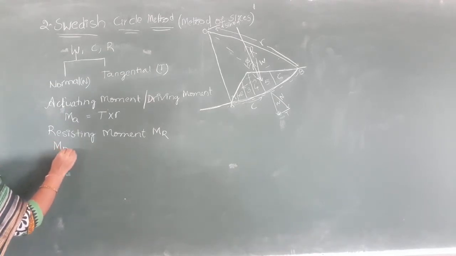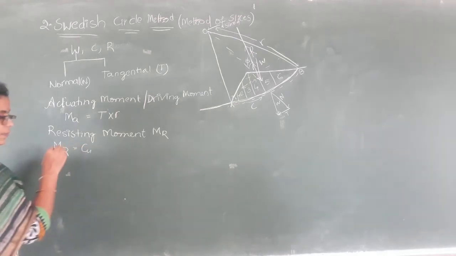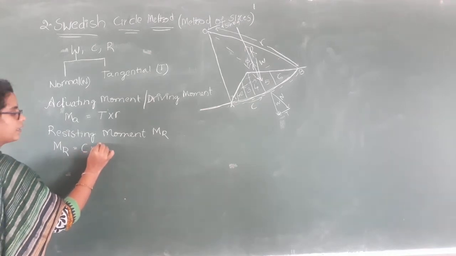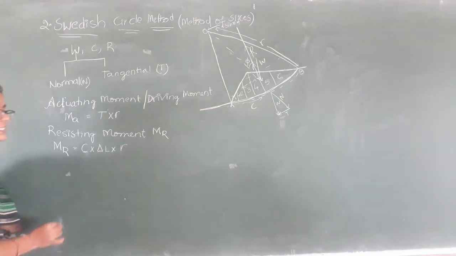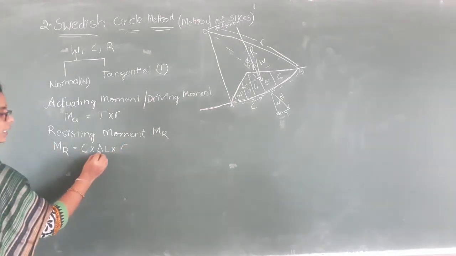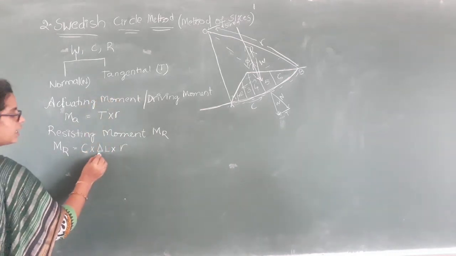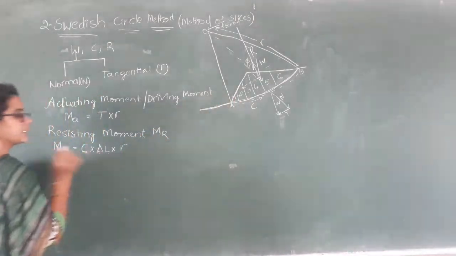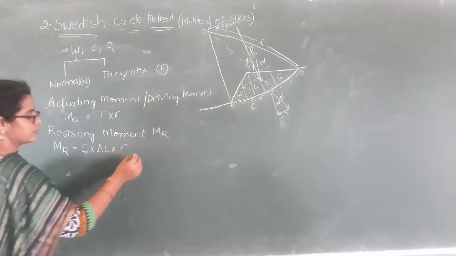Equation for MR now. So cohesive force is the resistive force, positive force always. C into delta L into R. What is each term in this? C is the cohesive force, delta L is the length of the arc or the length of each slice, a single slice, and R is the radius.